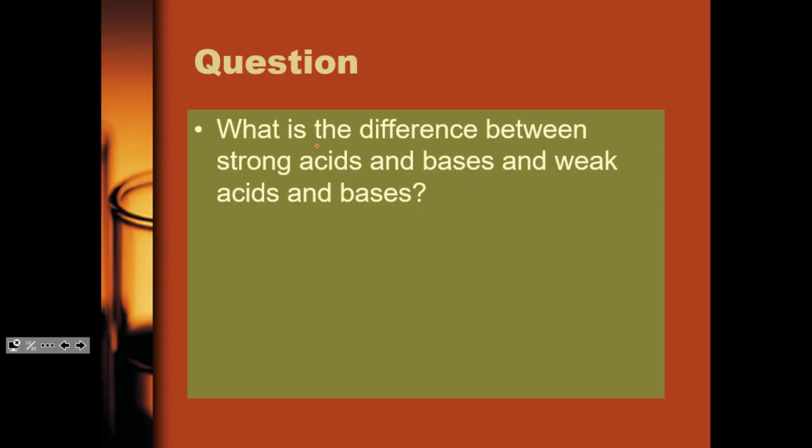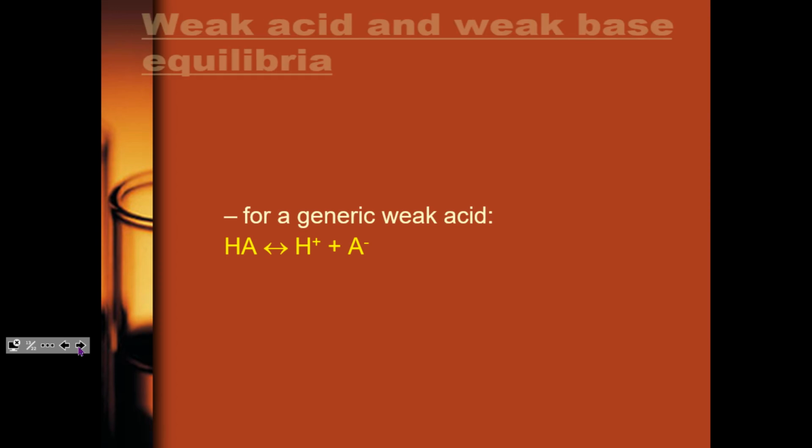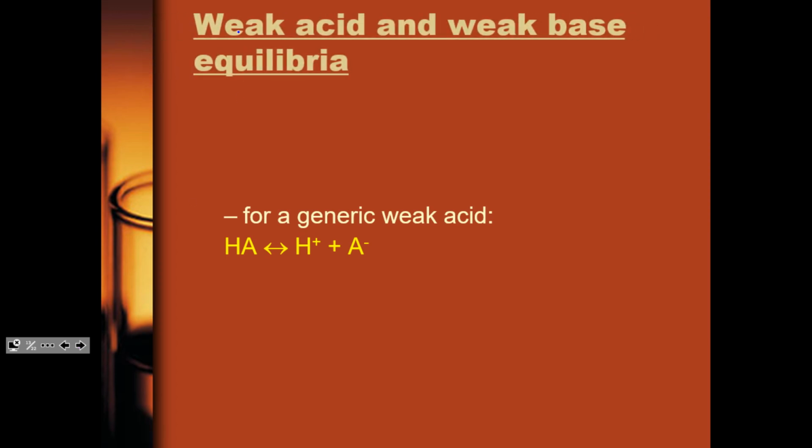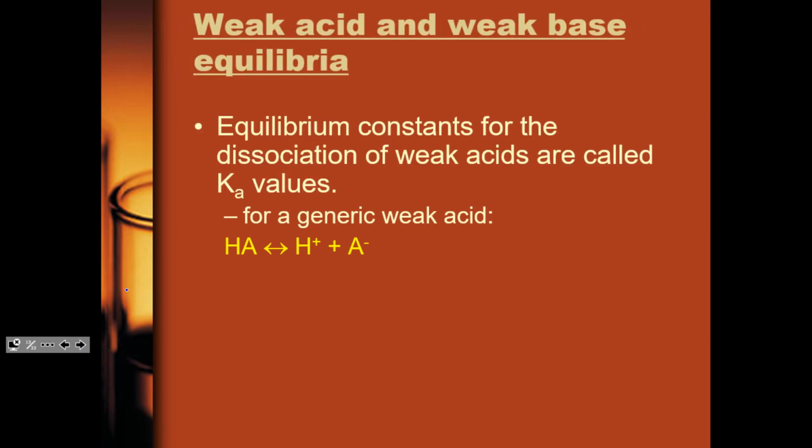So what's the difference between strong acids and bases and weak acids and bases? Well, it has everything to do with how they dissociate. Strong acids dissociate 100% into ions, and weak acids and bases dissociate only a small amount. When we have weak acids, we can write equilibrium expressions. For acids, we call them Ka values.